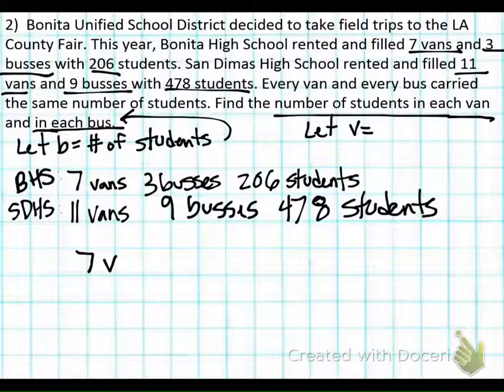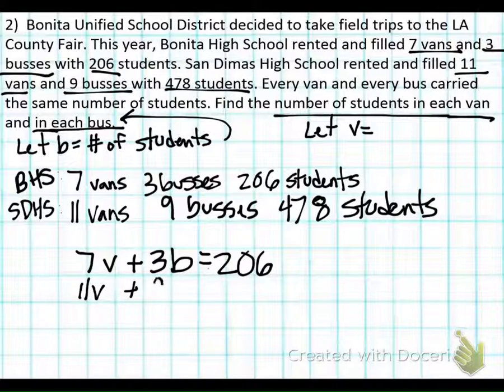Then if I add the number of students in the buses, so this is the number of students in one bus times the 3 buses, I should get the total number of students coming from Bonita, which is 206. Similarly, I get 11V plus 9B equals 478 for San Dimas.